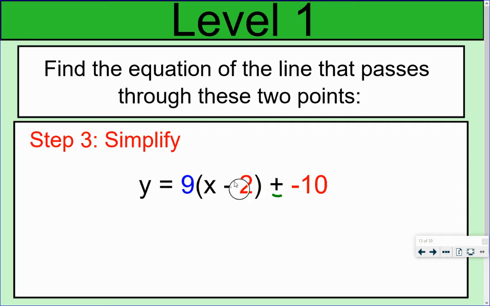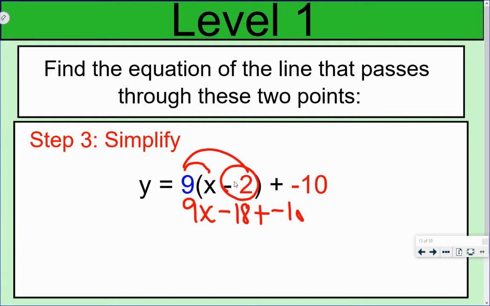So now we simplify. Okay, so 9 times x is 9x. 9 times a -2 is -18. Whoops, I can do hard things. Okay, -10. Now, is there anything to combine with the x's? No, there's not.